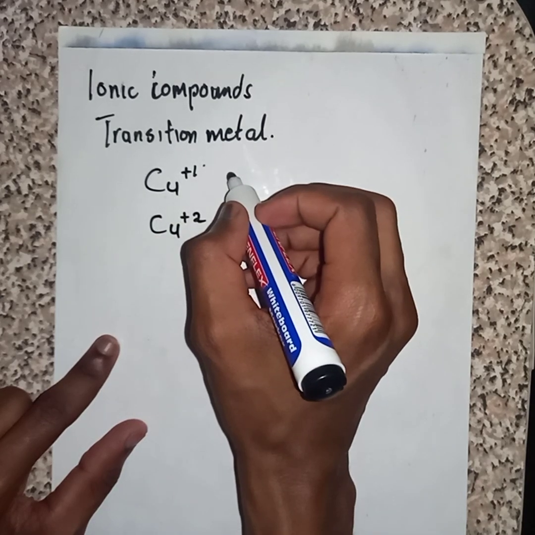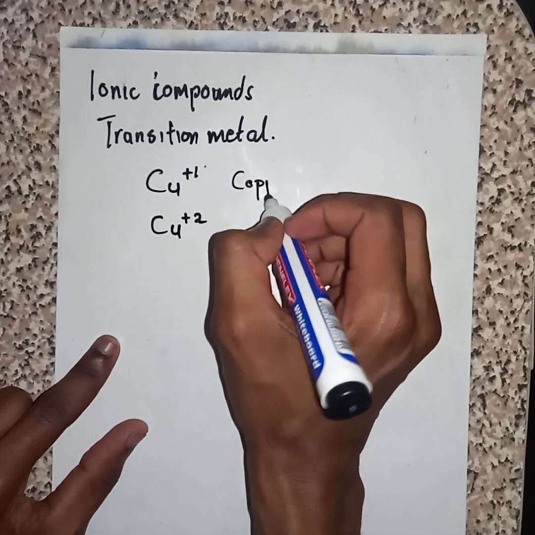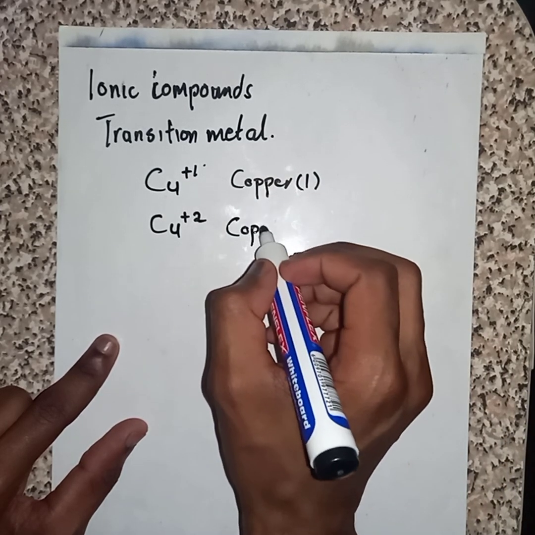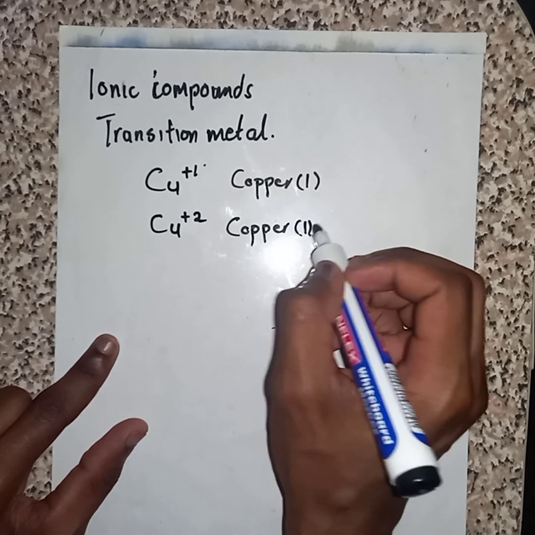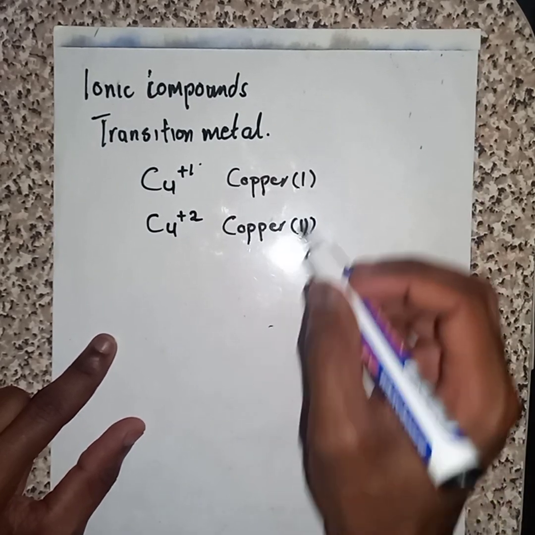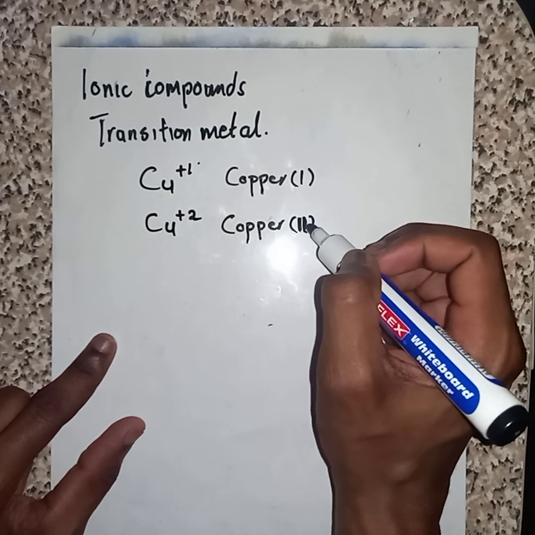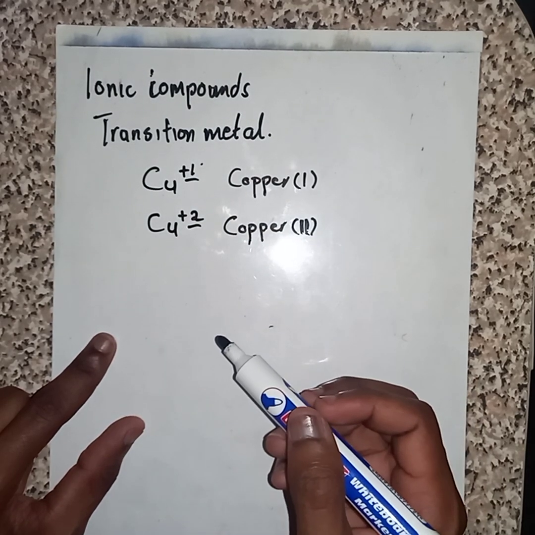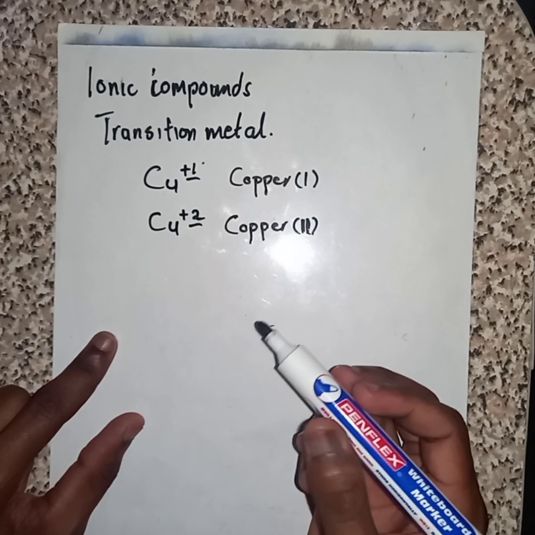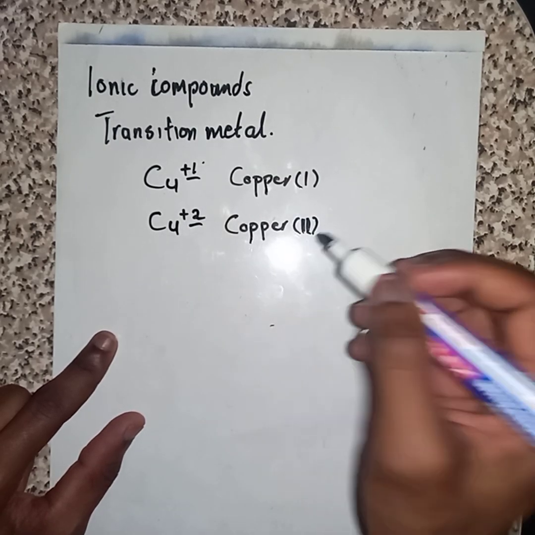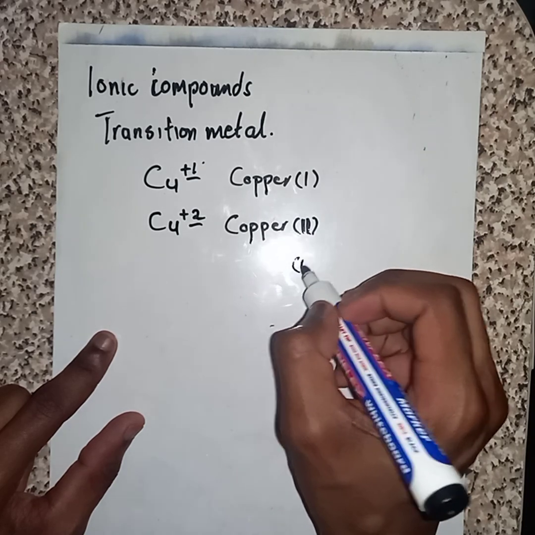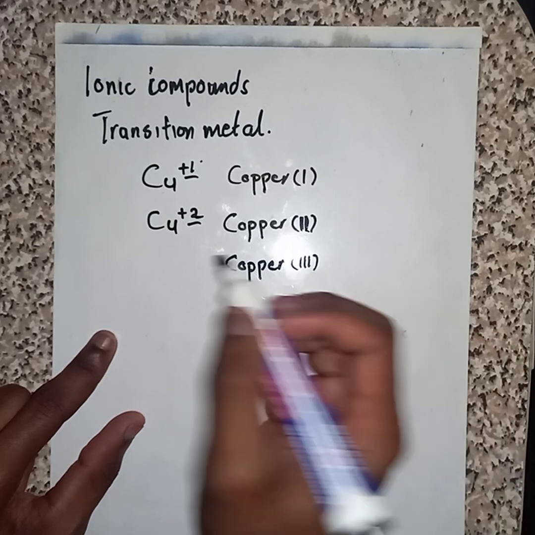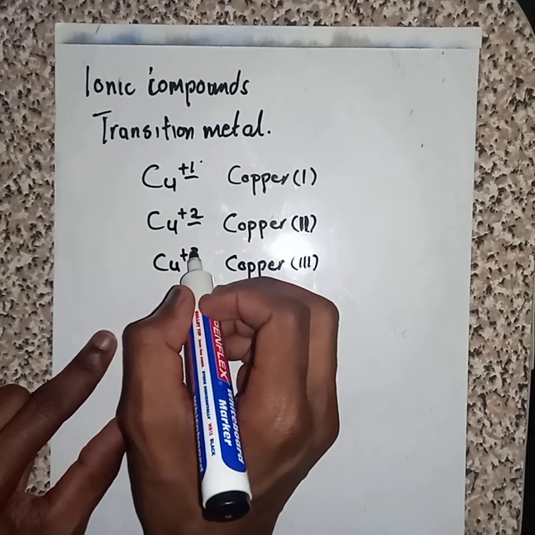Then this one is going to be copper 1. Then this one is going to be copper 2. We use Roman numerals to represent the ions of each and every element for transition metals. If we were to continue by saying copper 3, we would say now this one is going to be +3.